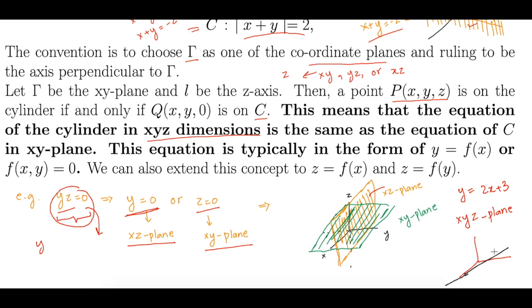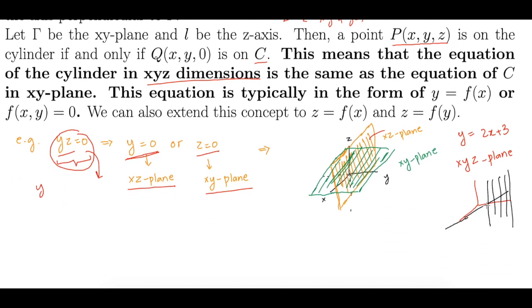Then all we have to do is extend this vertically infinitely to make a cylinder out of it. Any point here is on that cylinder if we remove the z part and make it 0, and that point is on our C, then this point is on the cylinder.